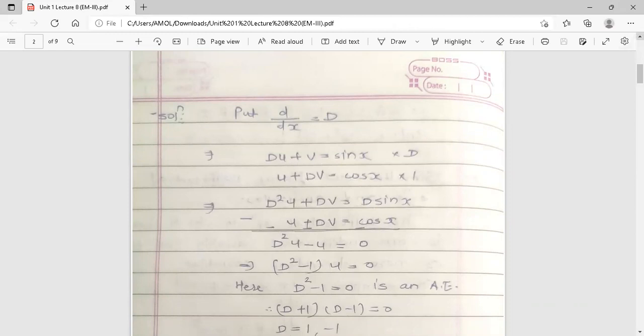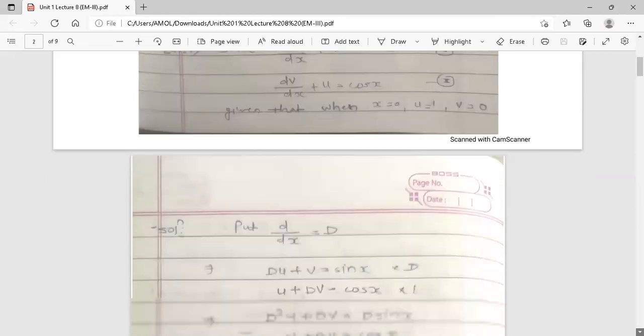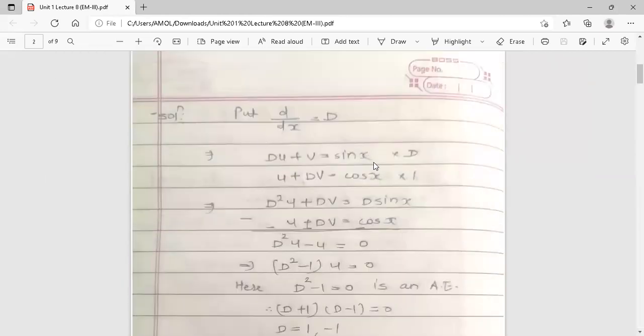Here in these simultaneous differential equations, u and v are dependent variables. They depend on the variable x. x is independent. That's why in the RHS there is a function of x for both the differential equations, sin x and cos x, because x is independent. u and v are dependent variables here. So this is the reduced form of both the equations.